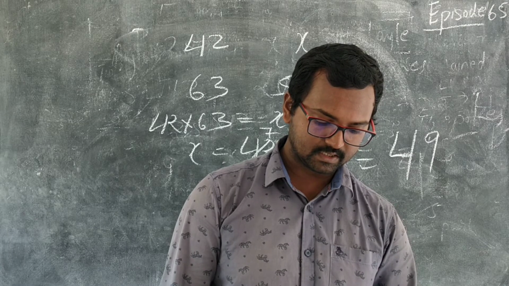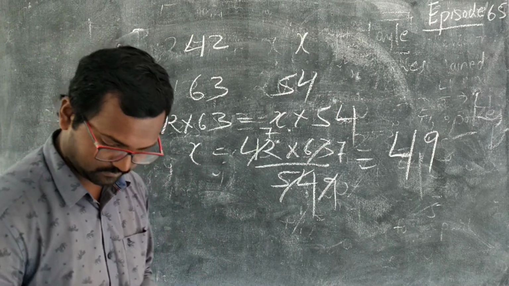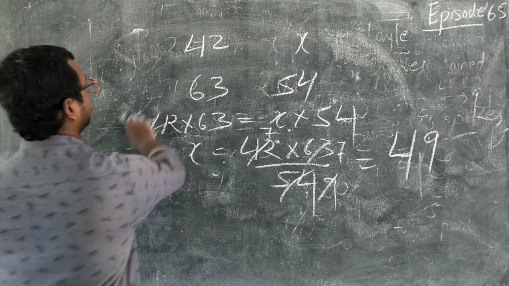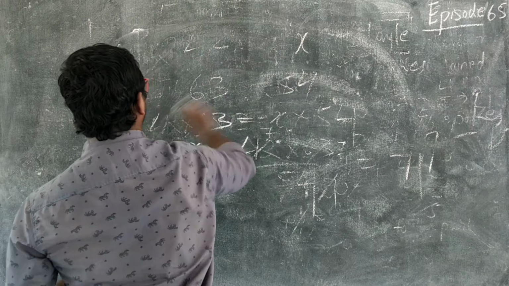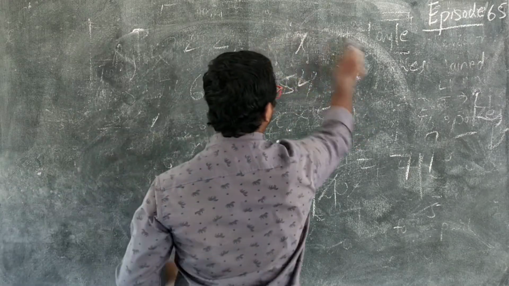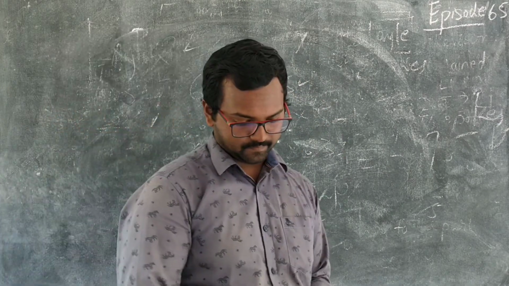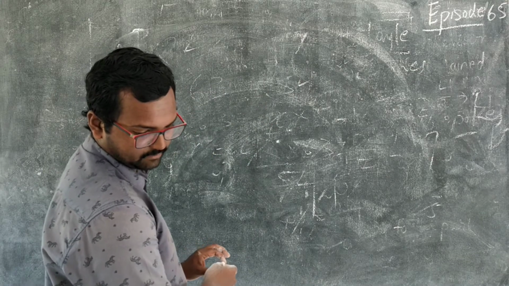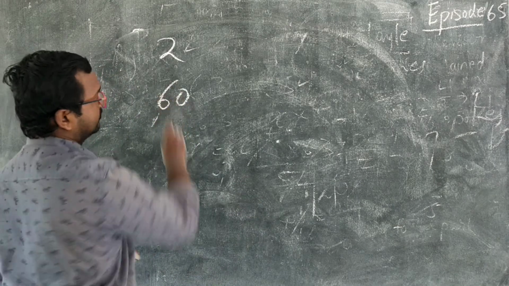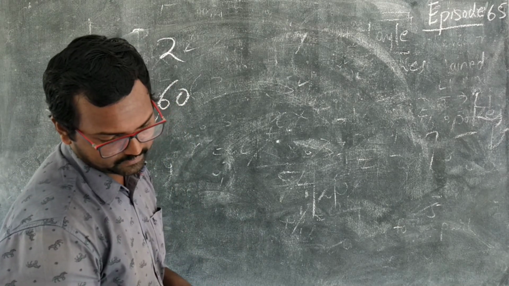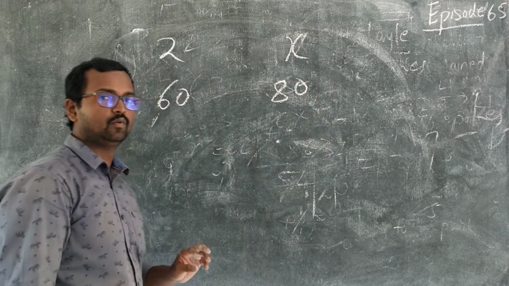How long will it take when the car travels at the speed of 80 kilometers per hour? So it takes 2 hours at 60 kilometers per hour. When it travels at 80, how long will it take?